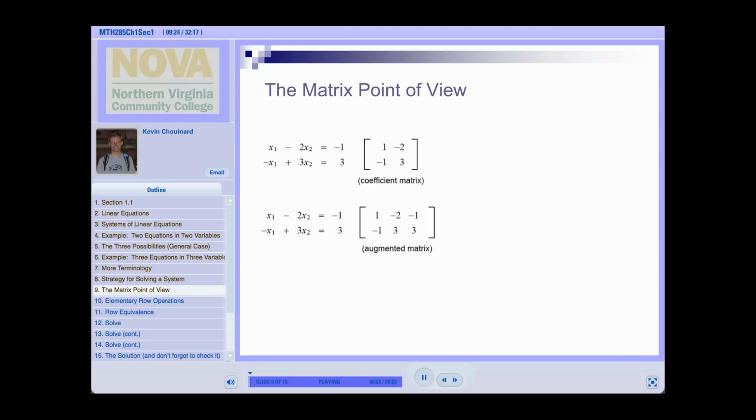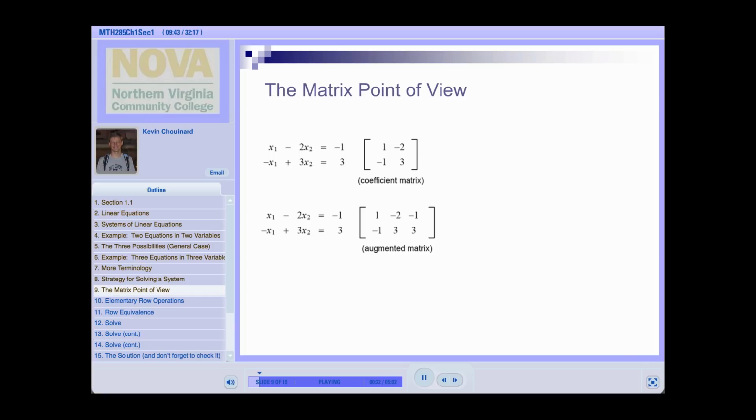Rather than working directly at all times with the actual system of equations, it'll often be more expedient to use a matrix that represents your system of equations instead. There are a couple of ways to do this.